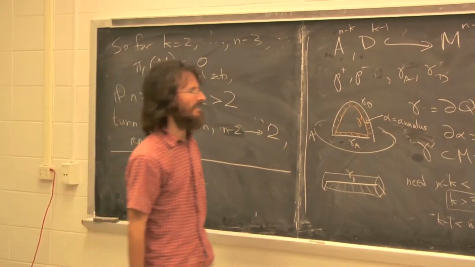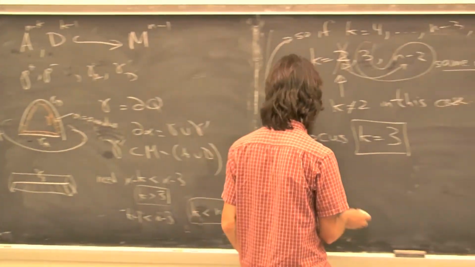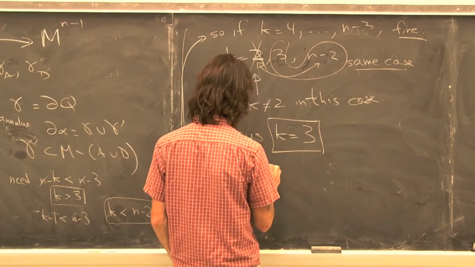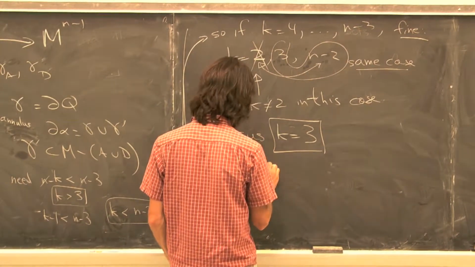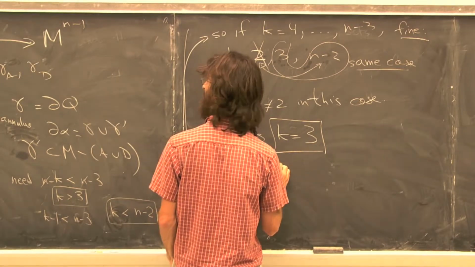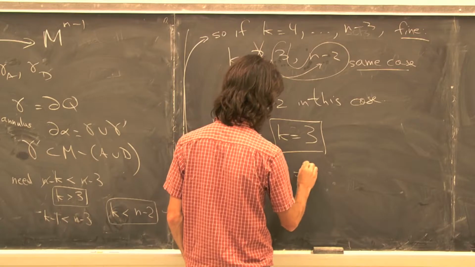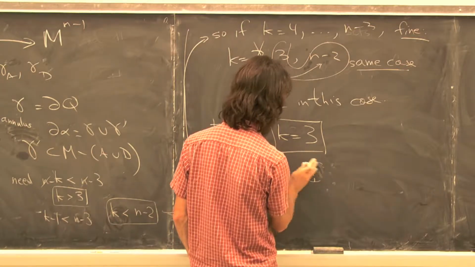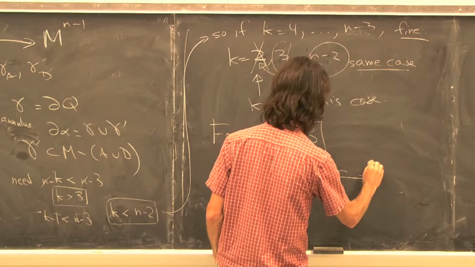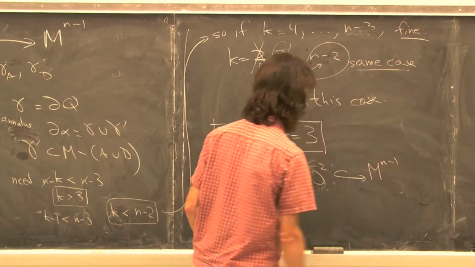And so in the case of k equals 3, the descending sphere is a 2 sphere, D2. Now D2 is terrible, so it's an S2 inside this one.